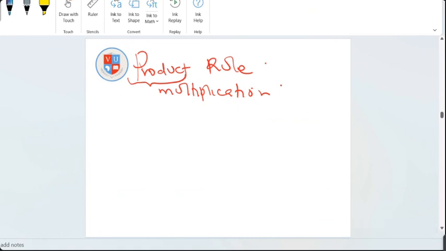But now that we are looking at functions, this is not the usual multiplication of 2 times 2. We are now multiplying functions.